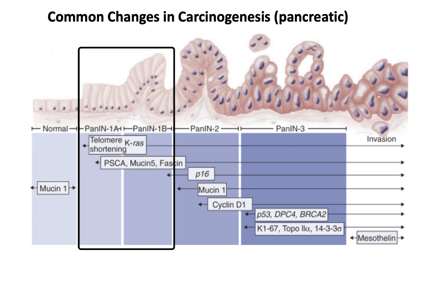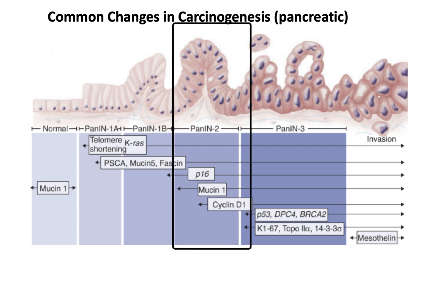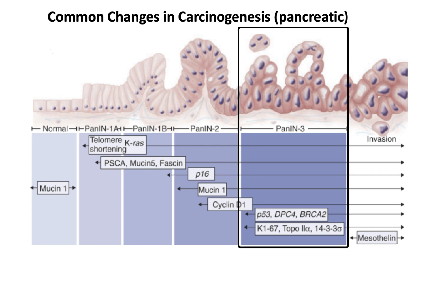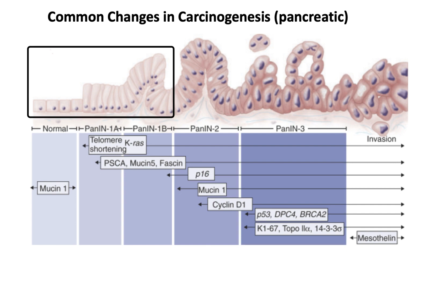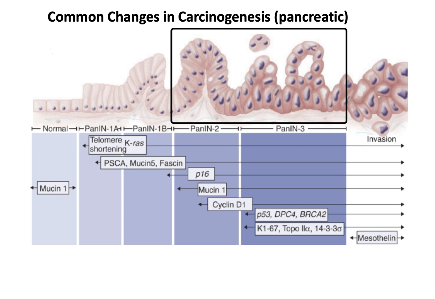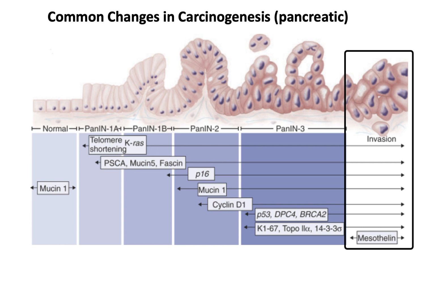And then other mutations in other genes, the PSCA, mucin FASN, and then P16, mucin cyclin D, controlling the cell cycle, P53, which controls apoptosis, and BRCA2, which recognizes DNA damage, topoisomerase 2, etc. And then you can see this progression, first cell proliferation, and then forming of more and more odd cells, odd-shaped cells, and odd nuclei, and eventually invasion and metastasis down here.